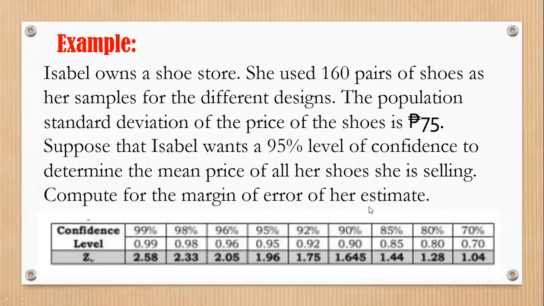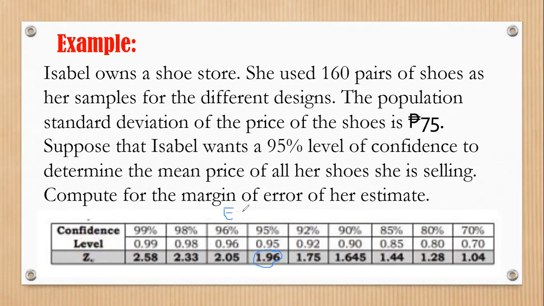Okay? So computing the margin of error, again, looking back at our formula, we have the Z alpha over 2 times the population standard deviation divided by the square root of n. Looking at the table at 95% level of confidence, the Z alpha over 2 is 1.96. So if you have your calculator with you, then we can compute for the margin of error.